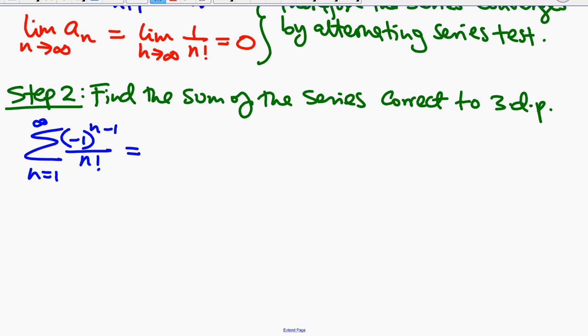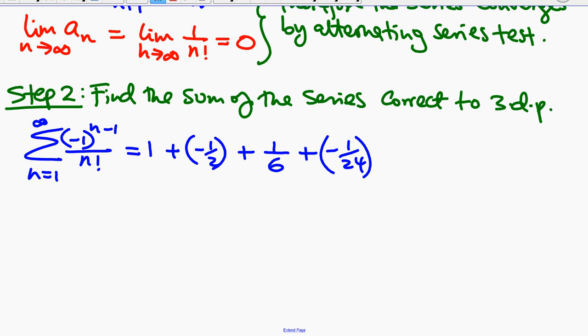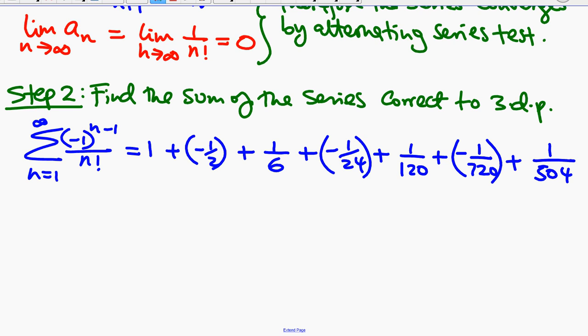The first term, you just plug in 1 in place of n, so you end up with 1, plus negative a half, plus 1 over 6, plus negative 1 over 24, plus 1 over 120, plus negative 1 over 720, plus 1 over 5040.